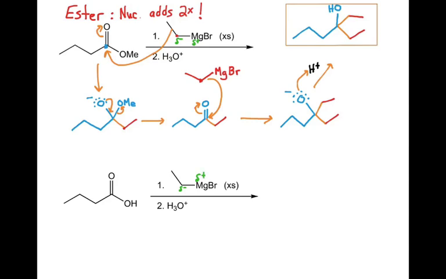Okay? So, the carbon of the carbonyl is electrophilic. The carbon of the Grignard reagent is nucleophilic. But there is one issue here, is in this case we have an acidic hydrogen.